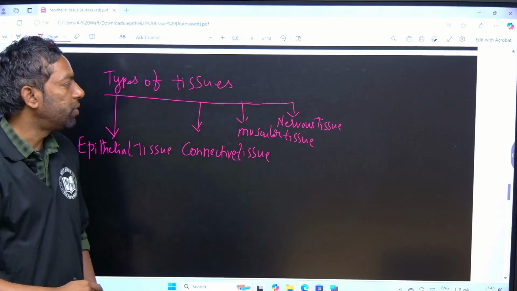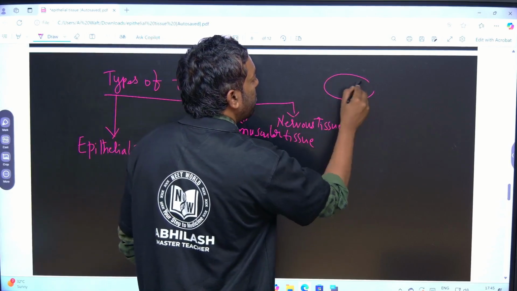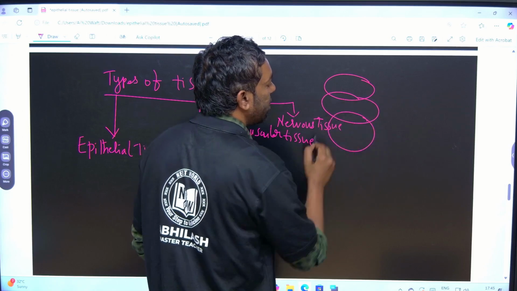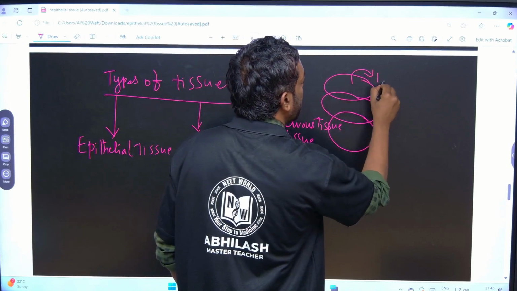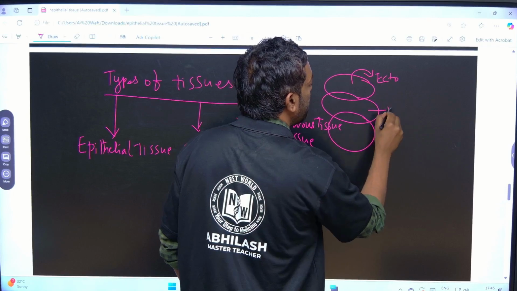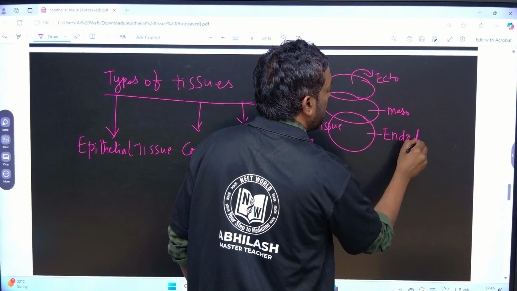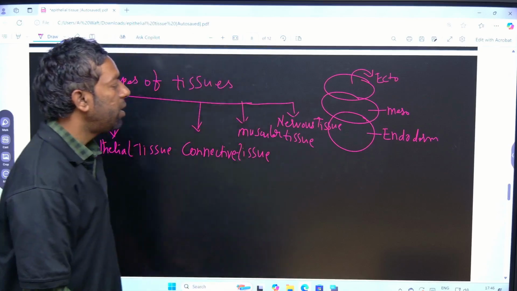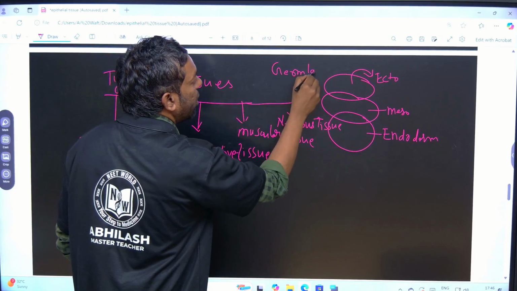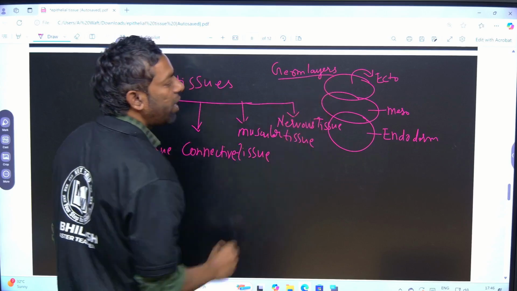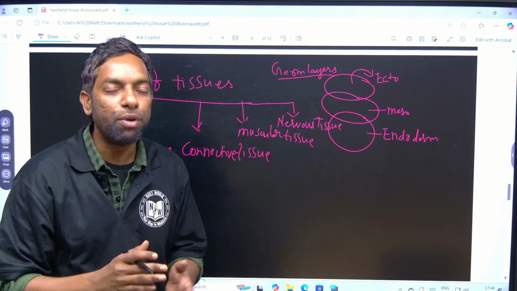These 4 types of tissue developed from the cell. These tissues are developed from the 3 germ layers: ectoderm, mesoderm, endoderm. These are the 3 germ layers. Germ layers are nothing but a development that takes place in every species from the embryonic development.